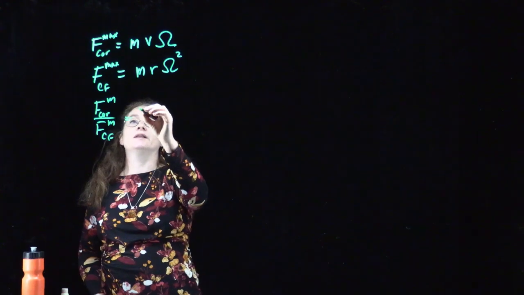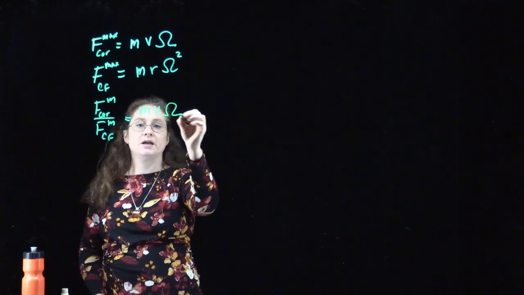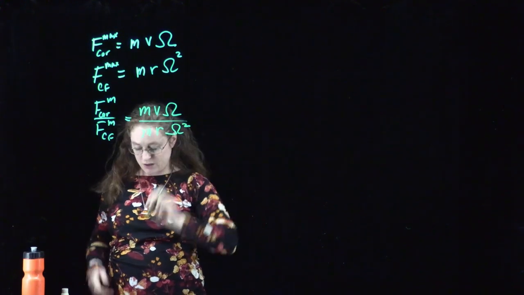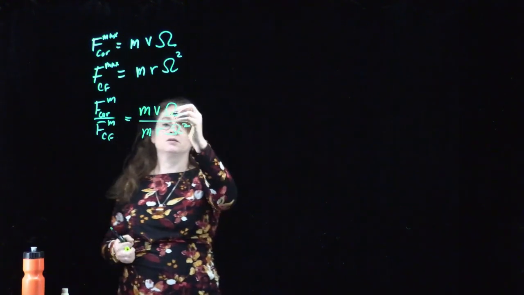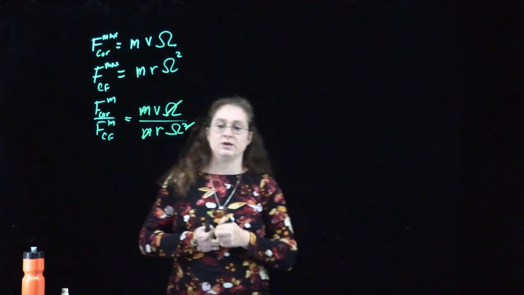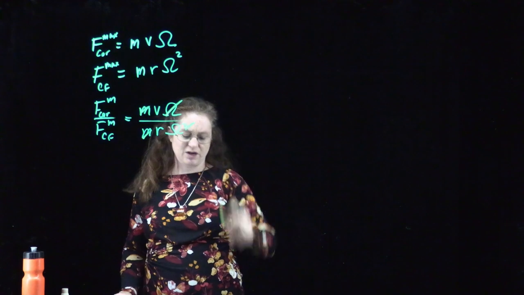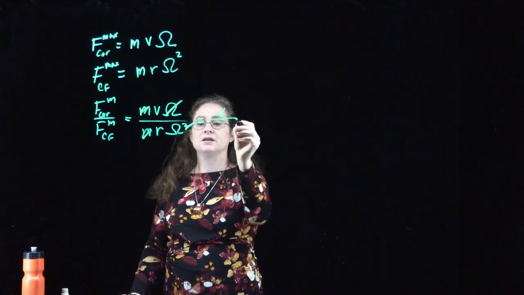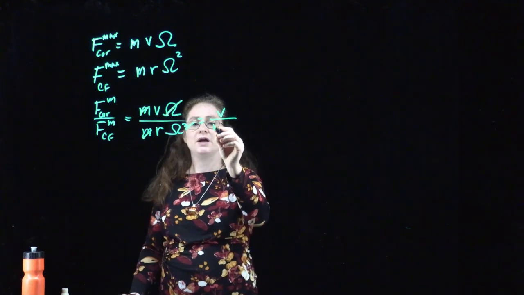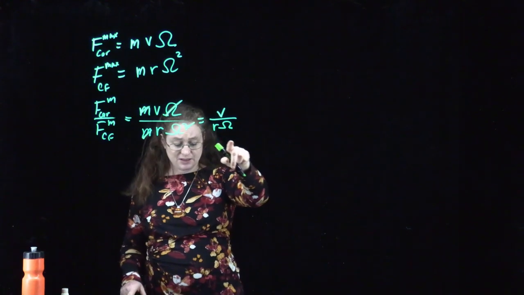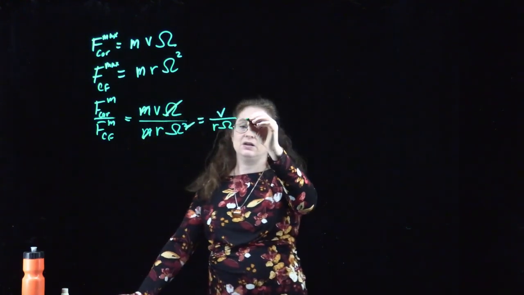We can write this as mvΩ over mrΩ², and one Ω cancels, the m's cancel, and we are left with the velocity of the object divided by rΩ. Now, this is just the velocity of a point on the equator.